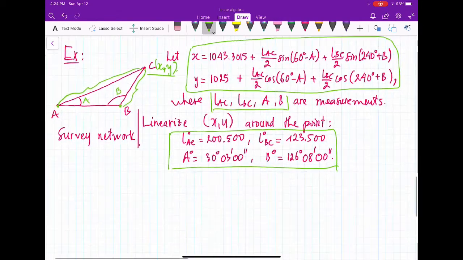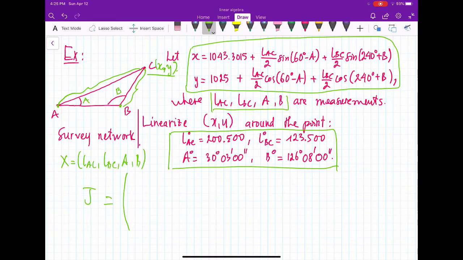The Jacobian looks like this: you have to find the partial derivative of x with respect to LAC, LBC, A, and B. Make sense? So if you consider the vector, x is LAC, LBC, A, and B. So you would have the following Jacobian.